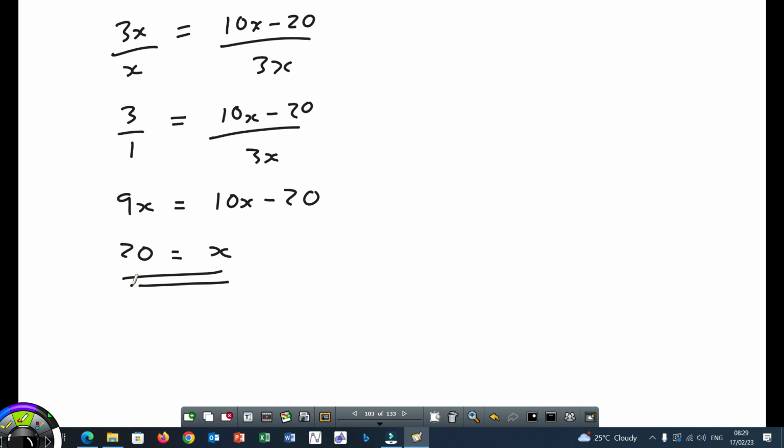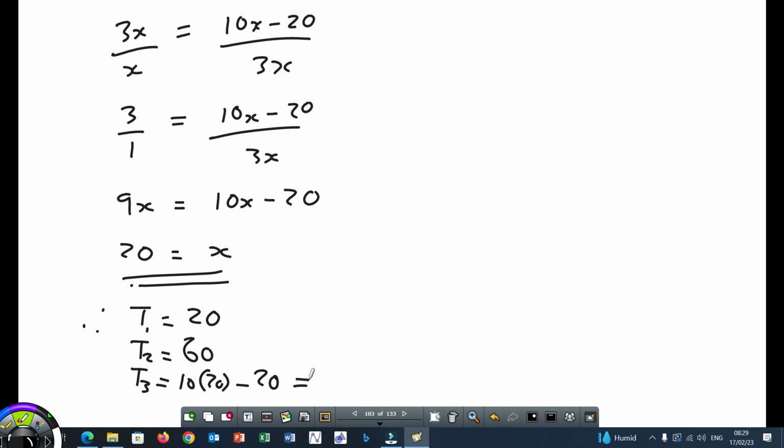Okay? But the question is asking for those 3 terms. So the 3 terms are going to be T1 will be 20, T2 will be 20 times 3, which is what? 60. T3 is going to be 10 times 20 minus 20.